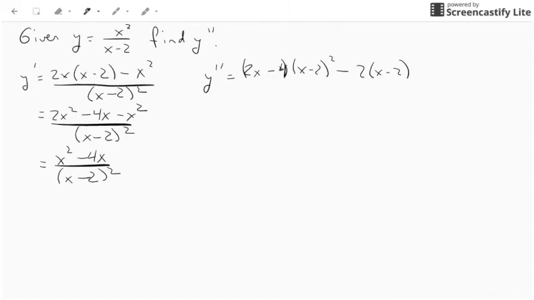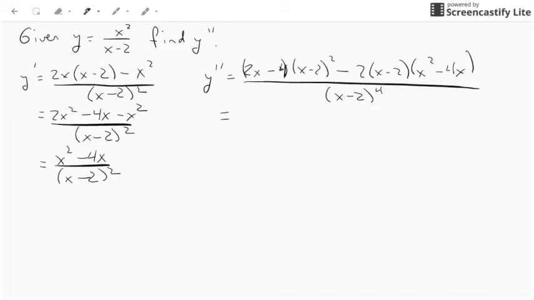And then the derivative of what's inside there would just be 1, multiplied by the numerator, x squared minus 4x. And that is all over x minus 2 to the fourth because we square the denominator. Okay, well, that has gotten a little bit uglier. But let's see what we can do with it.